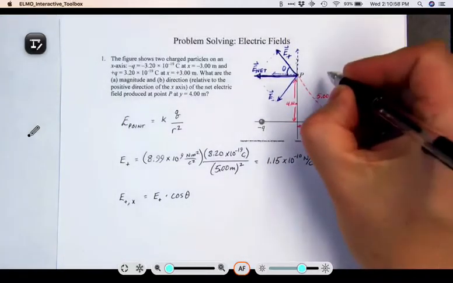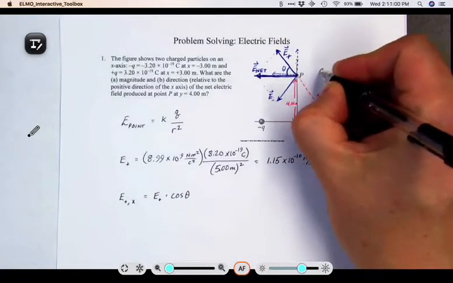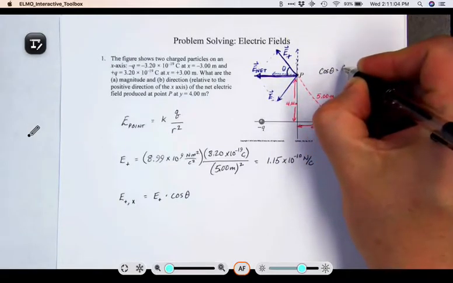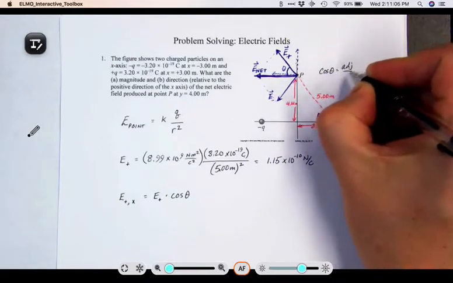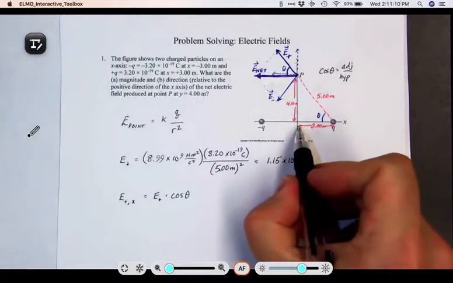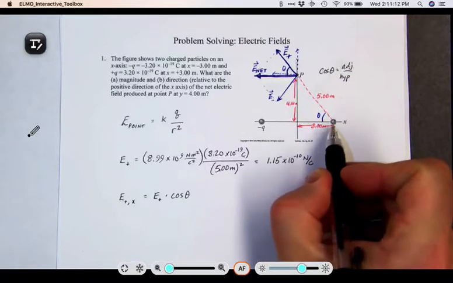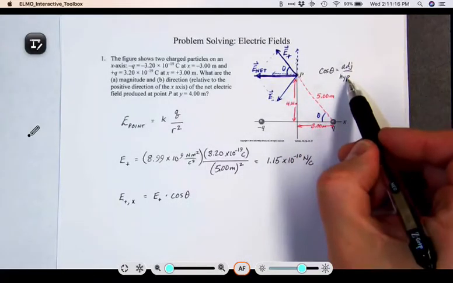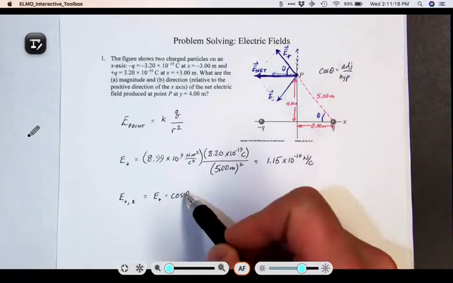Recall again from previous trig work that the cosine of any angle is the ratio of the adjacent side to the hypotenuse. So here, the adjacent side is 3, and the hypotenuse is 5. And you literally can plug in 3 over 5 and figure out what theta is, and then go back and plug theta in here.